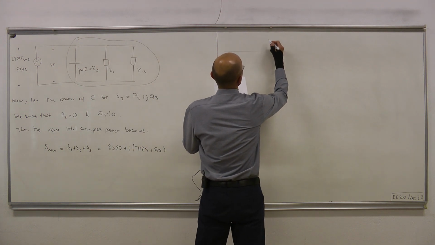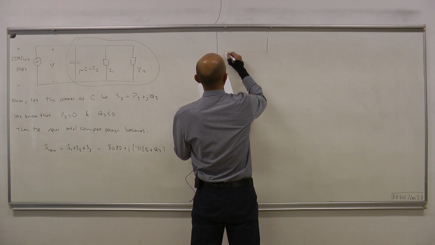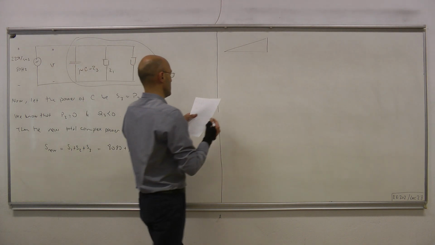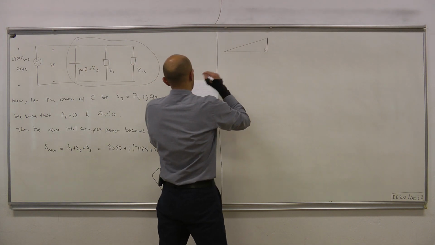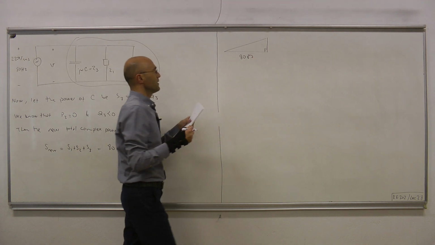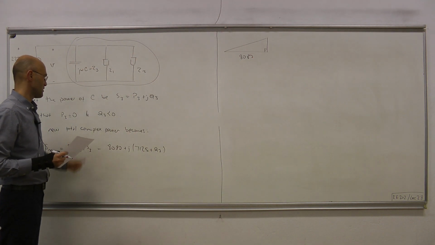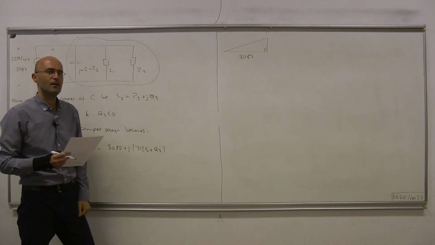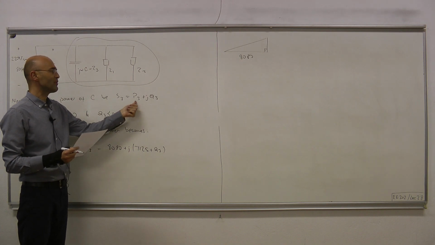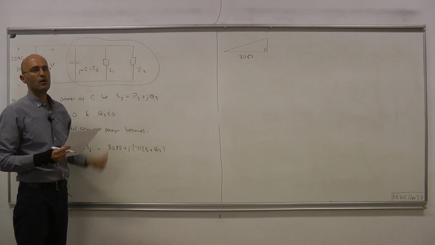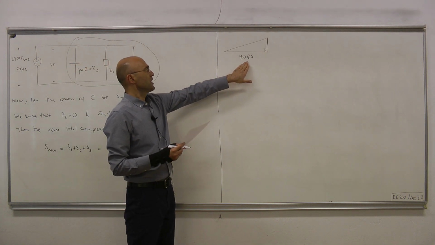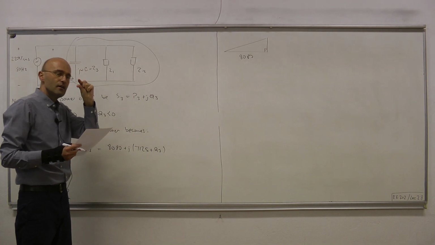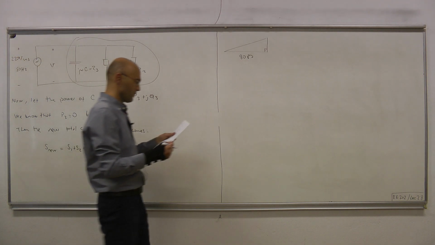This is the new triangle with hopefully a much smaller vertical side, because the vertical side represents the reactive power. This is 880. Note that the real part of the total complex power hasn't changed because the capacitor has no real power or average power contribution to the overall complex power. So the horizontal side hasn't changed, but the vertical side we're hoping to get smaller.